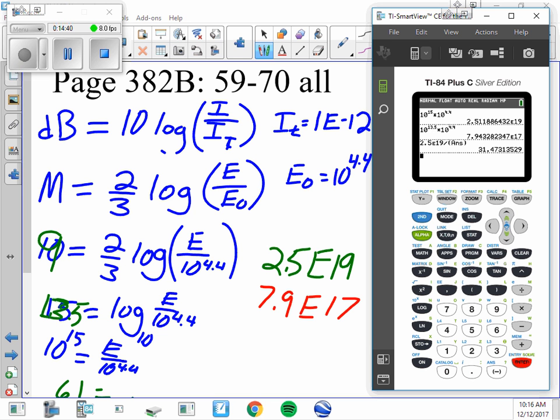Huh, well maybe that is right. So what this is saying is the difference between a 9 and a 10 is it's 31 times more powerful. So the difference between a 2 and a 3 is it's 31 times more powerful each time you go up a number.